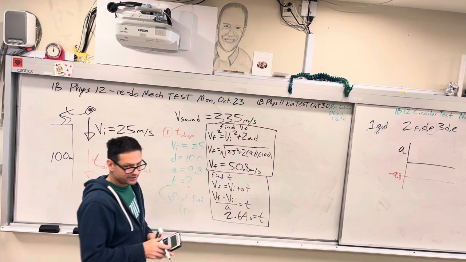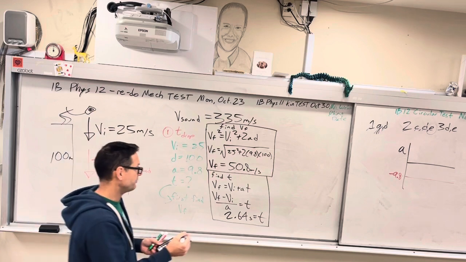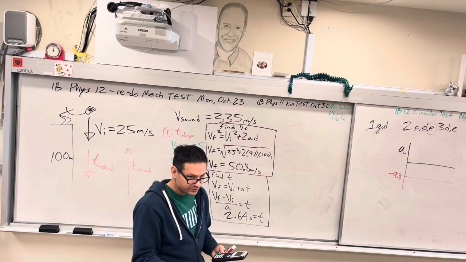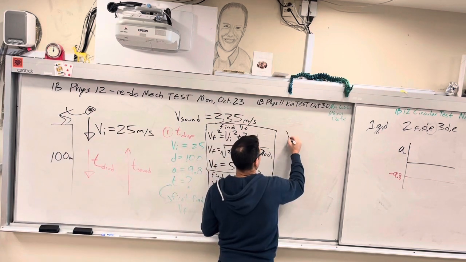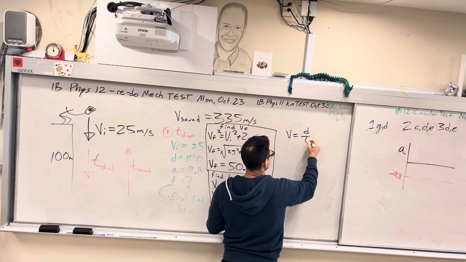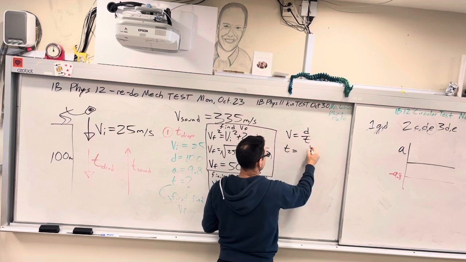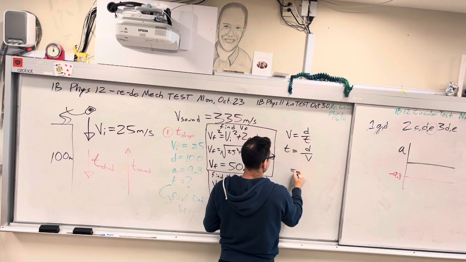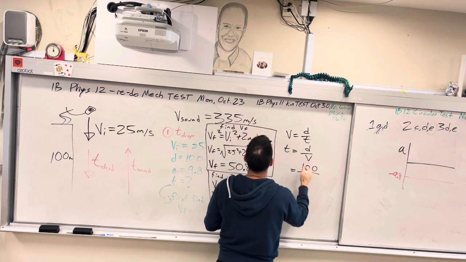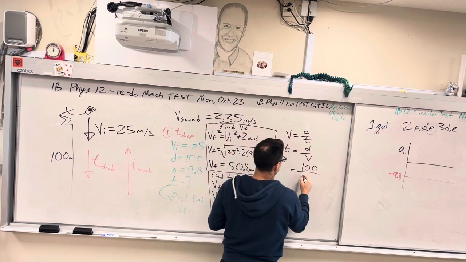And then we have to add it to the time the sound takes to get back up. Now the sound's not accelerating. So we can just use V equals D over T. And of course you put the T up and the V down, and you're going to have D over V. So that's 100 meters over this speed.